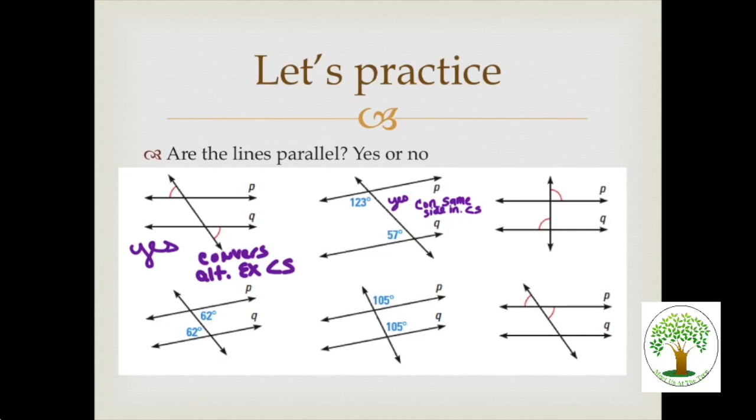The next one over here on the side. Are those parallel? We need to look at the picture we had in our red notes. All right, what kind of angles are those? Corresponding? No, they're not corresponding.